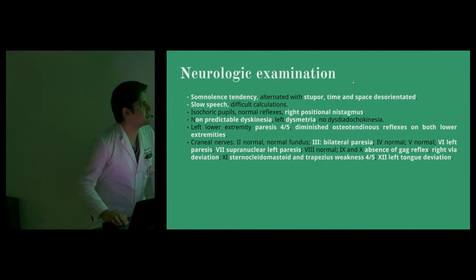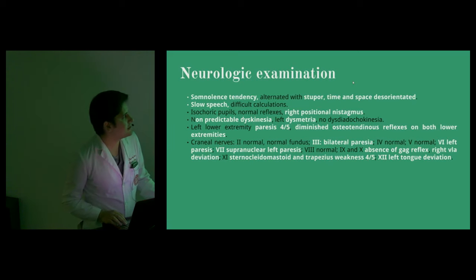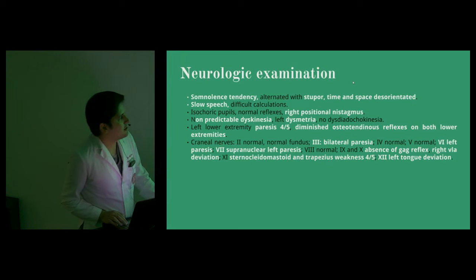On the neurologic examination, the patient had somnolence tendency, stupor, was disoriented in time and space, and had slow speech. He also had right positional nystagmus, not predictable dyskinesia, left dysmetria, but he had no dysdiadochokinesia. On the left lower extremity, he had paresis 4 of 5, diminished osteotendinous reflexes on both lower extremities.